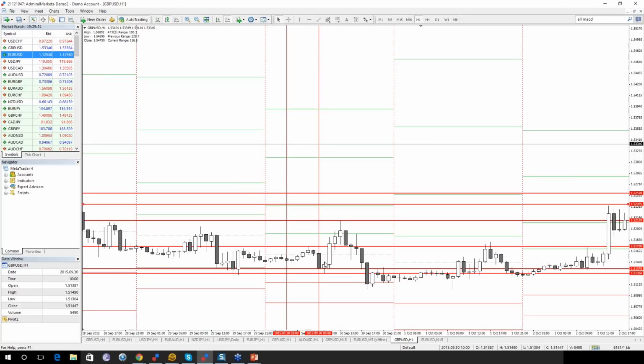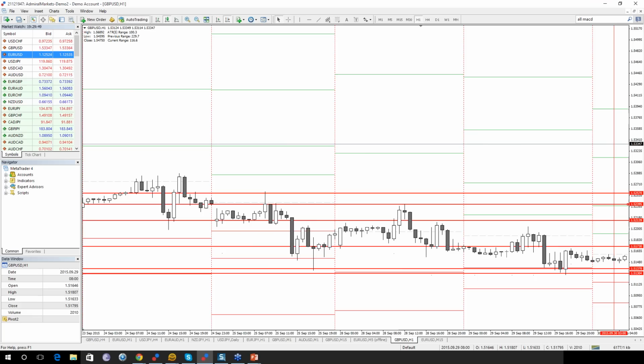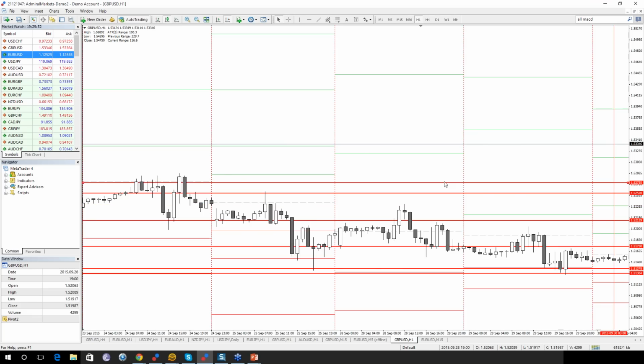So if this is the last candlestick which closed prior to London Open, this is London Open, and this candlestick closed prior to London Open, so you need to be fast. Mark the candlestick and try to exploit the breakout. Low, high. Let's use another example.